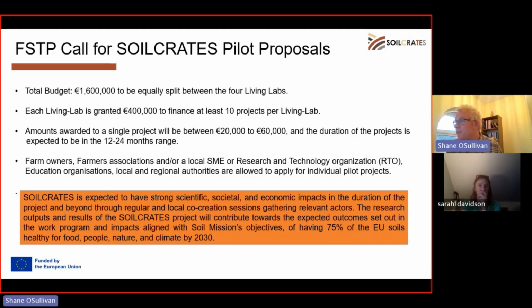The research outputs and results of the Soilcrates project will contribute towards the expected outcomes set out in the work programme of this project, and the impacts aligned with the overall European Union's soil mission objectives, whereby 75% of the EU soils will be healthy for food, people, nature, and climate by 2030.